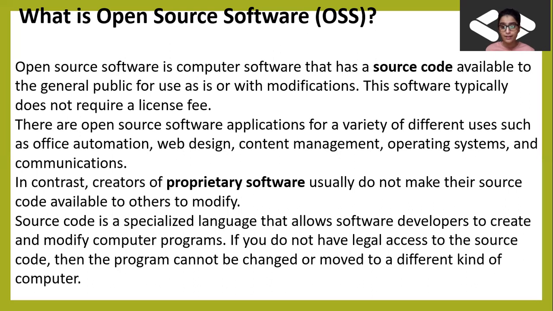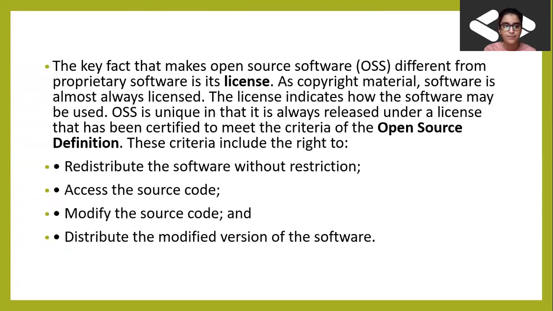In the same manner, open source software has a specific set of licenses, whereas proprietary software has a different license. Both of them do have a license. It's just that the difference is in the specifications within that license, or the type of license they have.